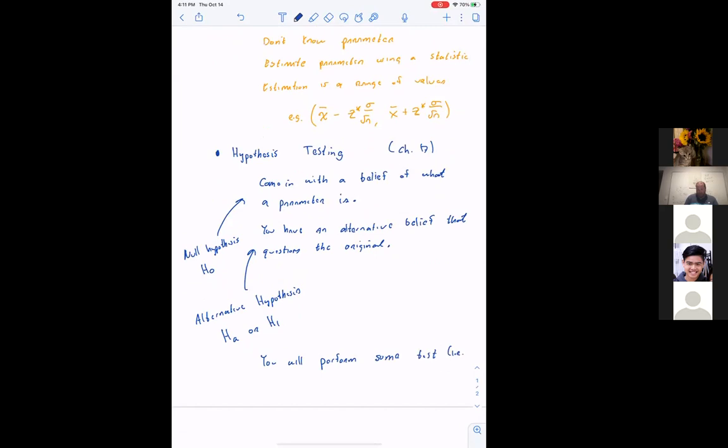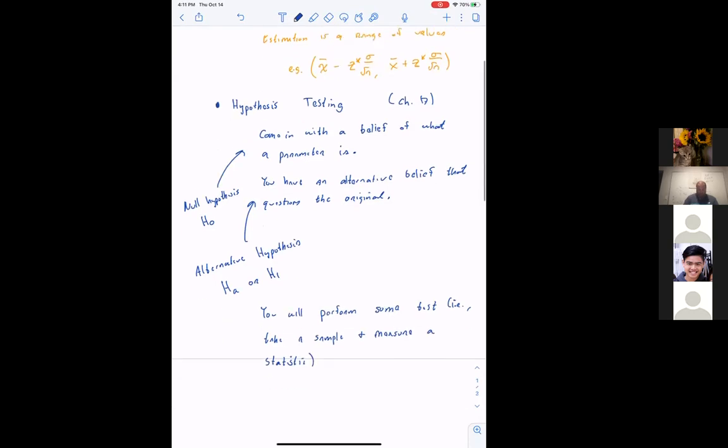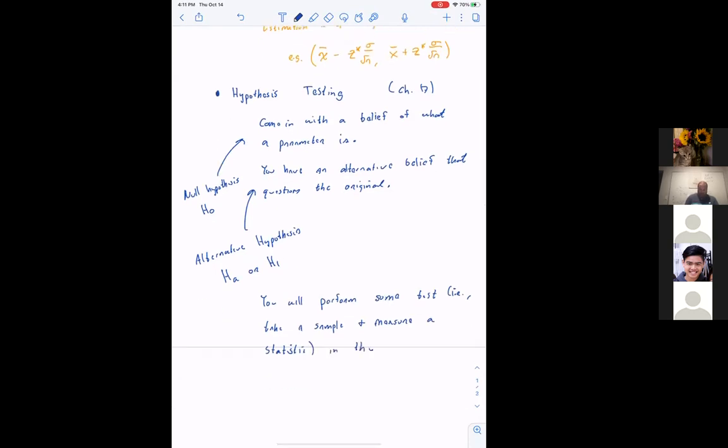What does that mean? Take a sample and measure a statistic in the hopes of determining which hypothesis is correct.